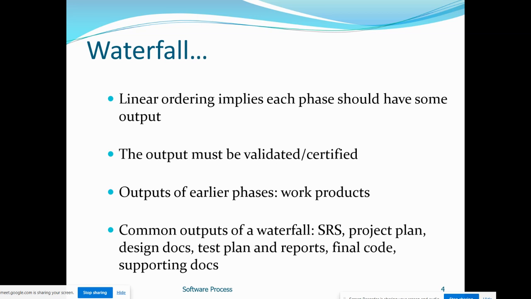If the input is not valid or cannot be processed, a proper message would be given to the end user so that he or she will supply the proper input for the system. So that's the main role of the test plan and reports. Okay, so final code and supporting documents. These are all the good things that we are ready to take over from our waterfall model.